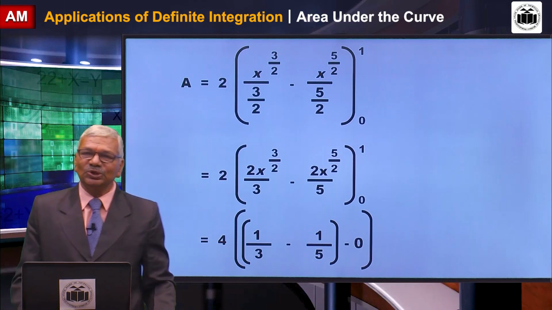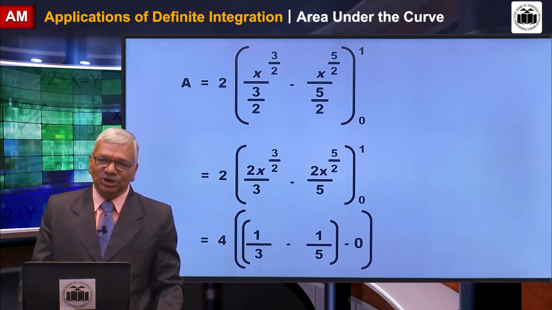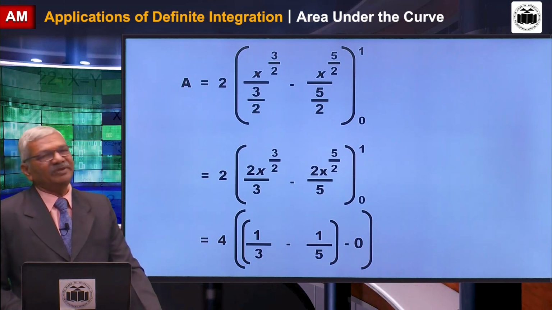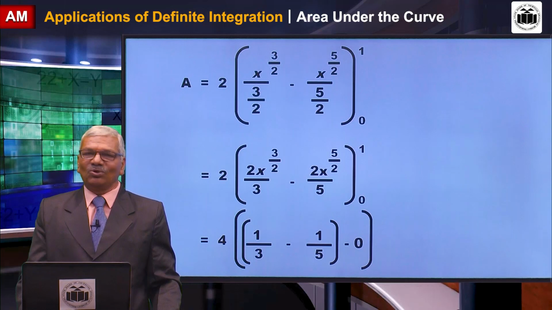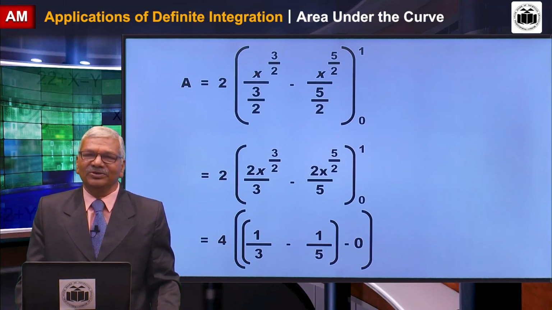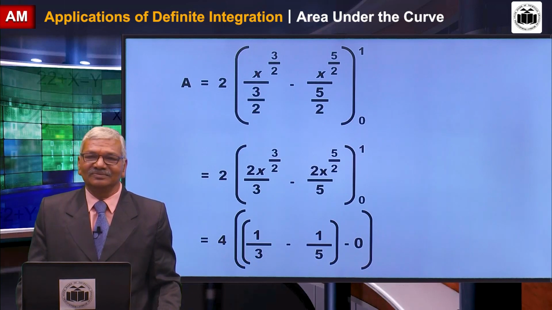Lower limit is 0, so both the terms become 0. Hence we get 4 into bracket 1 by 3 minus 1 by 5. And I hope that you can find 1 by 3 minus 1 by 5. How will you find it? By taking the LCM.